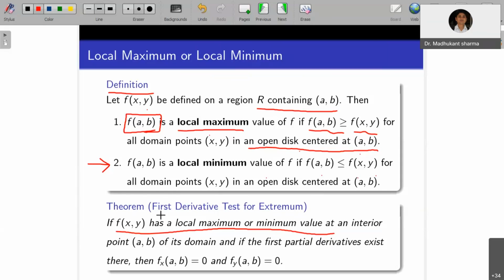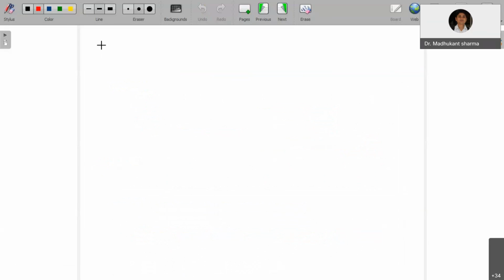So if f has a local maximum or minimum value at an interior point a b of its domain, and if the first partial derivatives exist, then both first order partial derivatives will be zero. You can see this is a simple application, or a corollary, of the interior extremum theorem. How?